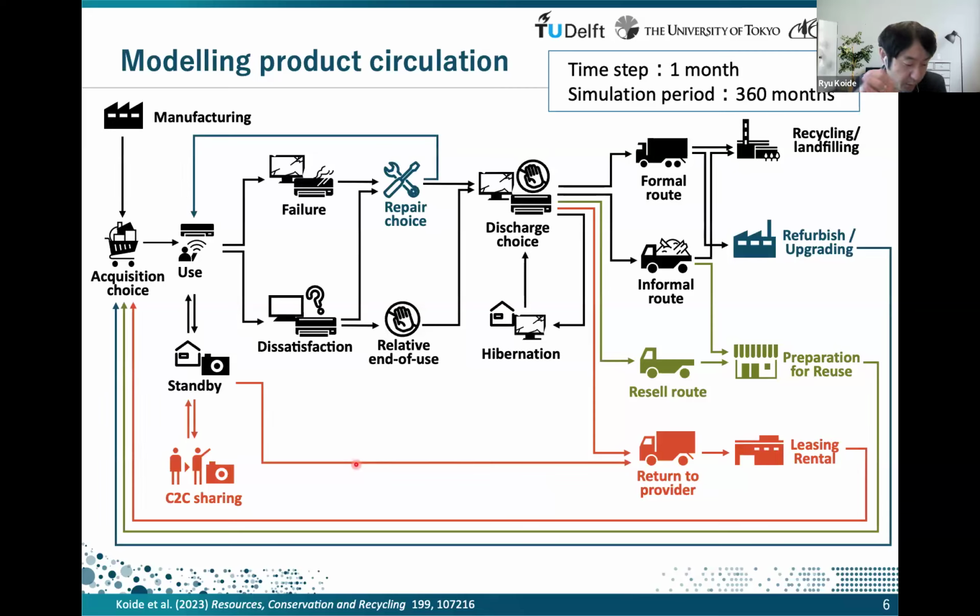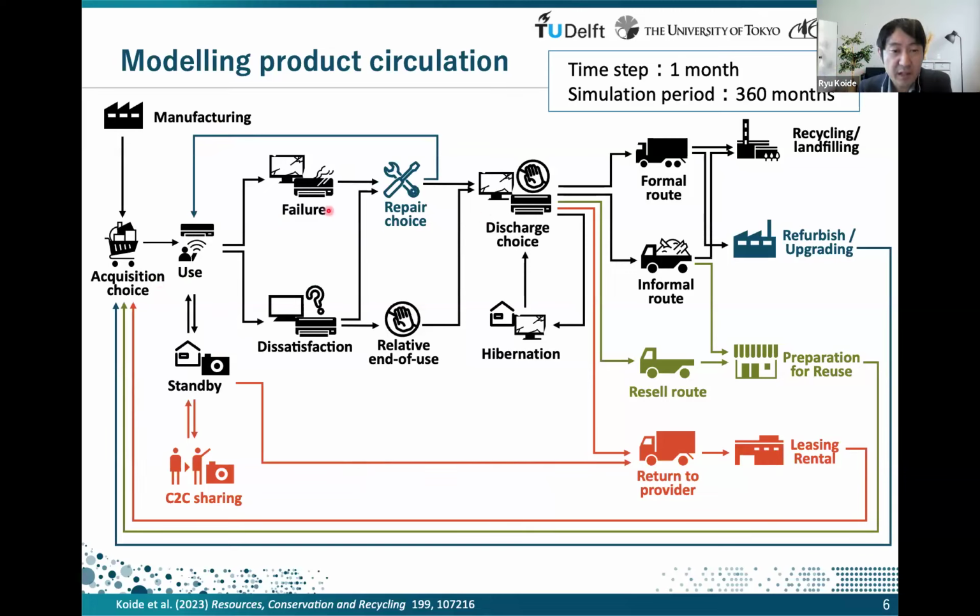We have dynamic and bottom-up circulation of products, with every month as the time step. After being manufactured, the product is purchased by consumers and used for a certain period of time. It could be broken probabilistically, and then the consumer has a decision whether to repair or not.